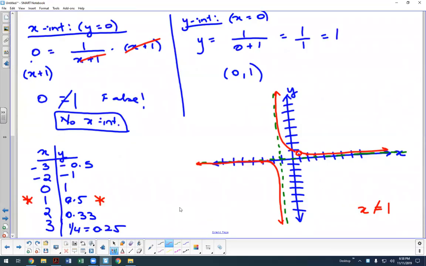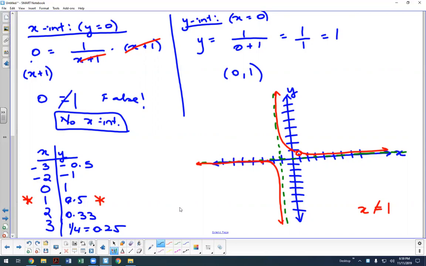Okay, can you tell me what the domain and range for this function will be? Well, we actually already talked about the domain, so let's talk about the range. Domain we said would go from -infinity to -1, then from -1 to 1, because I cannot use that little part, and then from 1 to infinity.